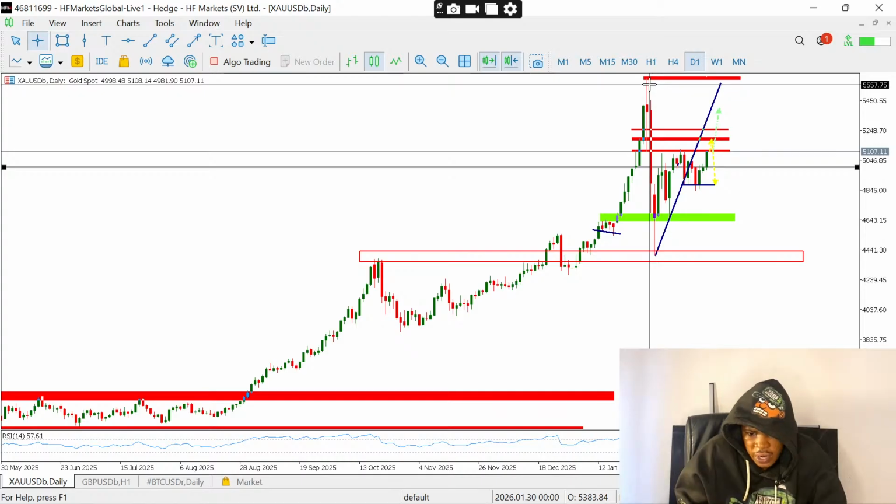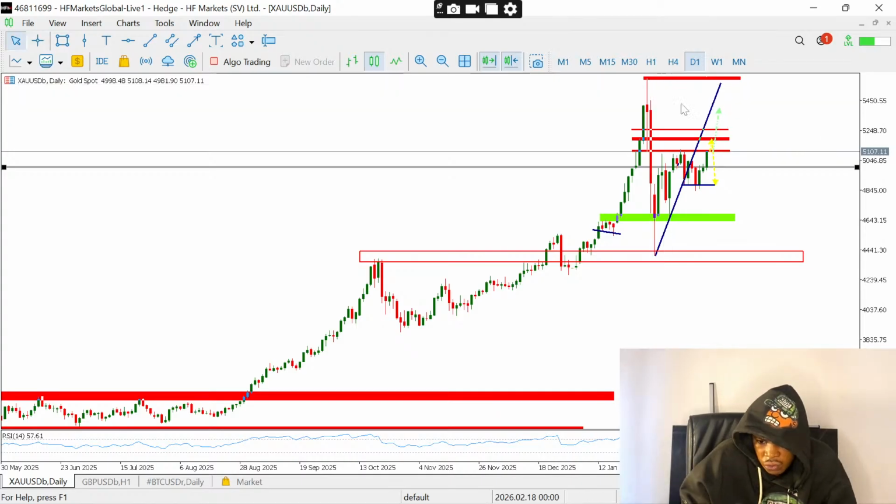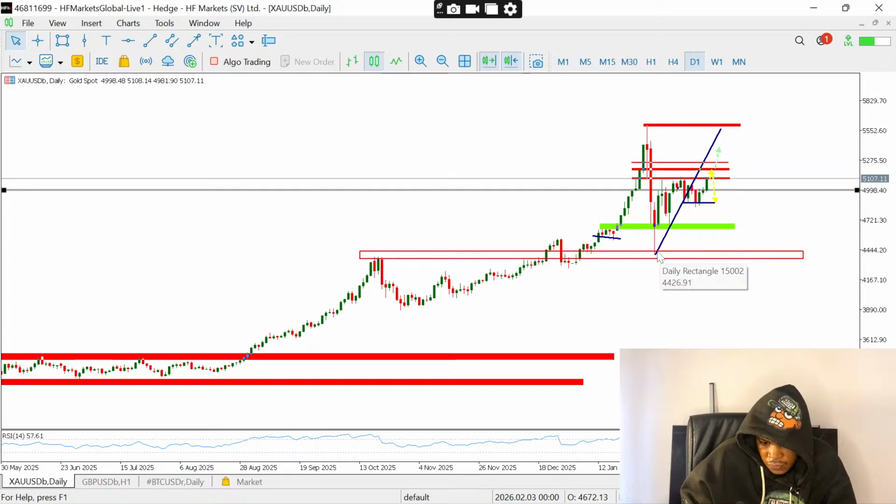When the market got to this area, the market traced down back to this zone right here. This is a support area, which you can also call a demand zone, where buyers tend to step in.